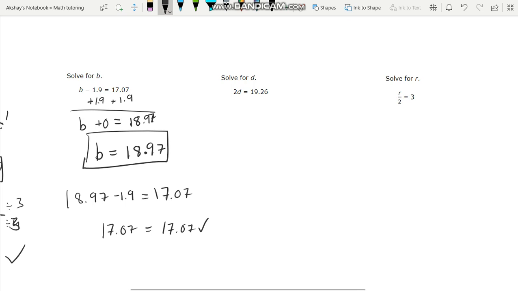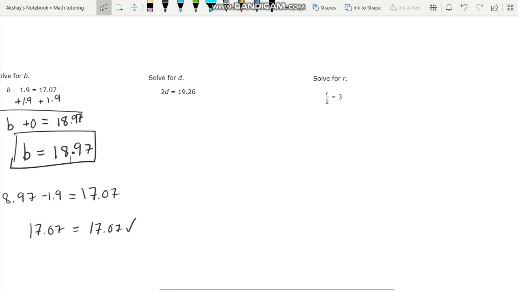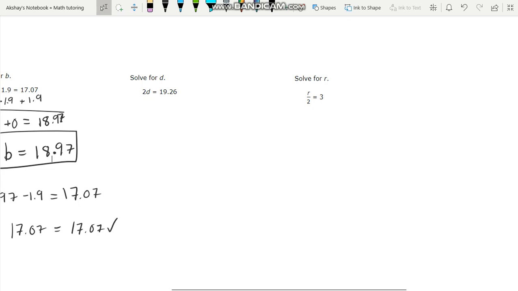All right. Our next question, solve for d. Just as we multiplied in our question where we solved for w, we do the same thing with our d, except in this case we divide. We can divide both sides by 2 so that we can cancel our 2's out and only have d.